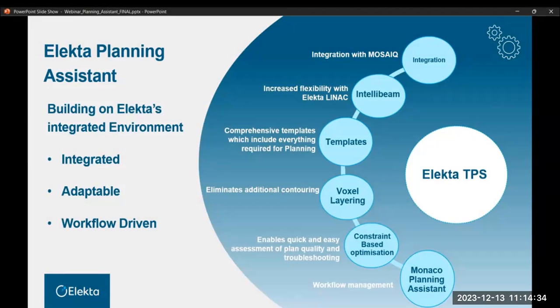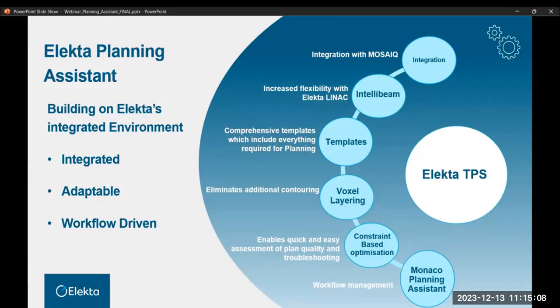Some examples are around our templates. Our templates are hugely comprehensive and can include everything you could possibly need for radiotherapy planning. You have your tolerance tables, your course IDs, your prescription, which comes across into Mosaic, but also your IMRT optimization parameters, sequencing parameters, calculation properties, and your DVH statistics.